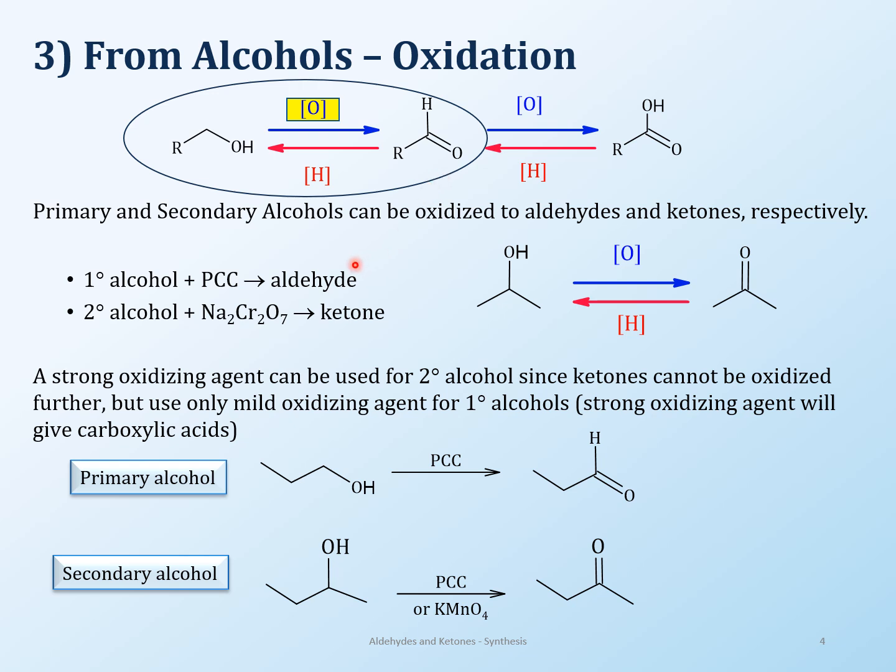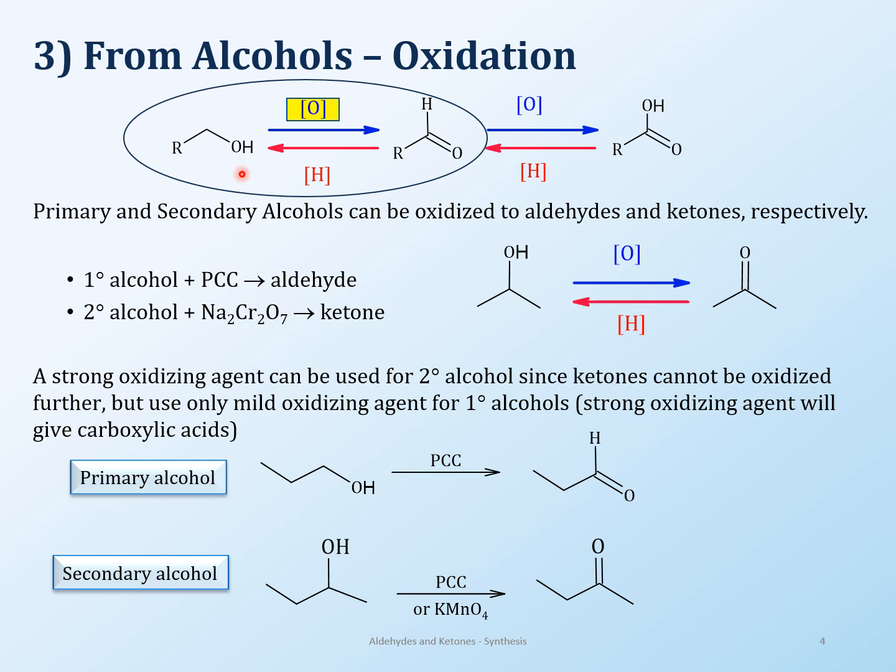This is for the primary alcohol: a primary alcohol plus an oxidizing agent will give you an aldehyde, but a secondary alcohol like this, if you oxidize it, you will get a ketone. So secondary alcohols will give you ketones, and primary will give you aldehydes.